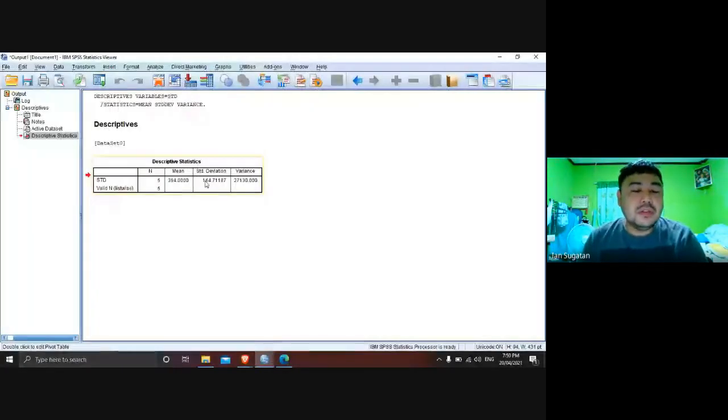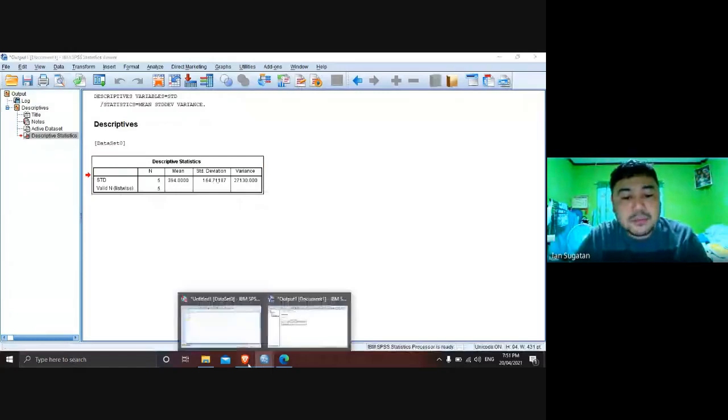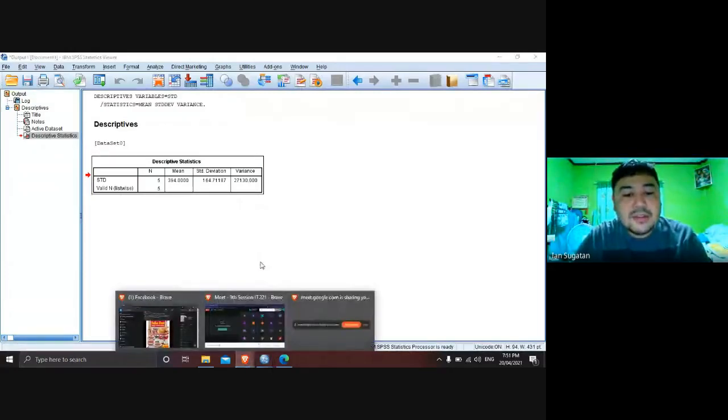The values are rapid, but the decimal places affect the computation. What is important is that the mean is the same, 394. So the difference is only small. Okay?